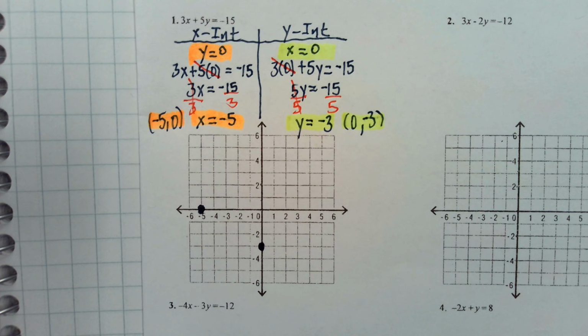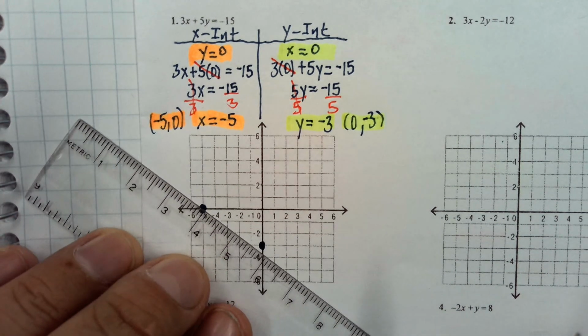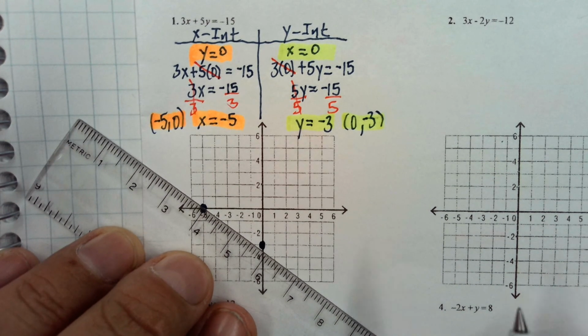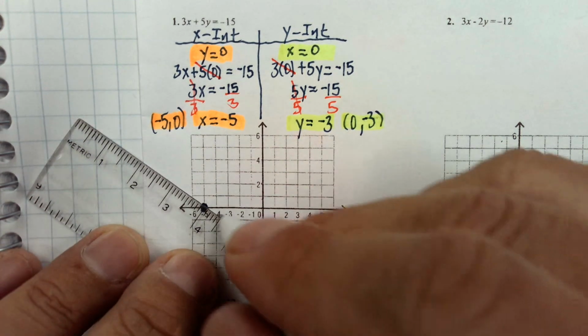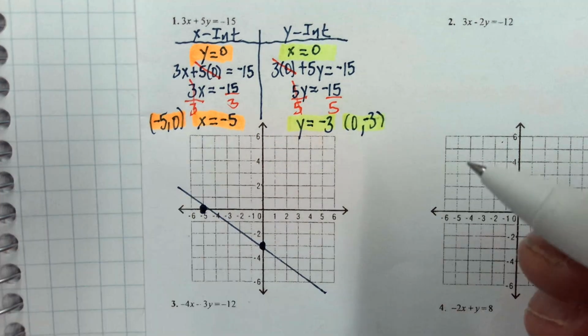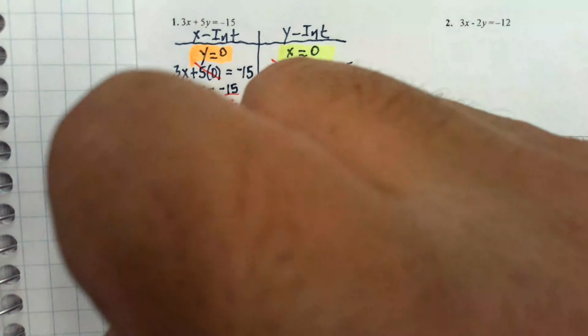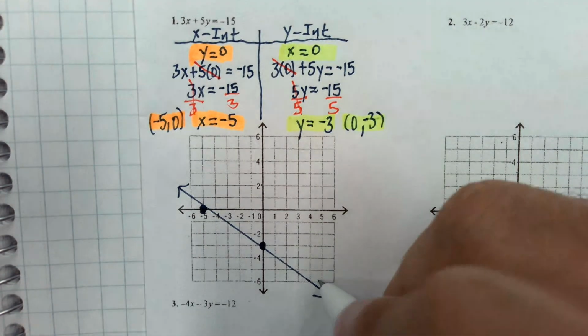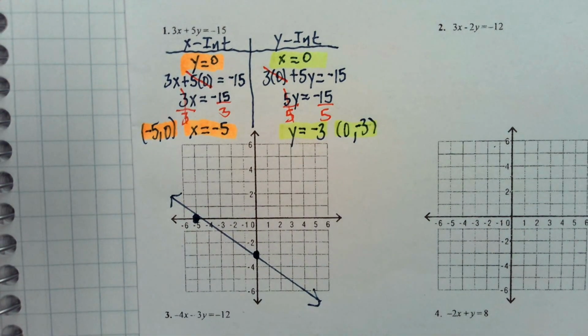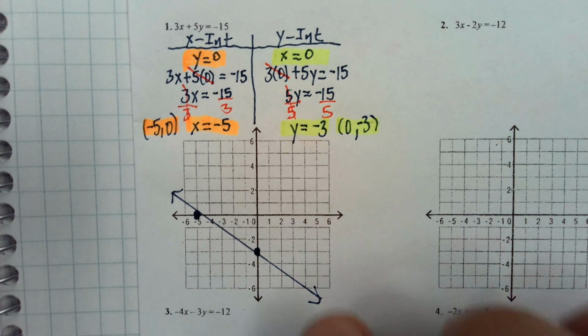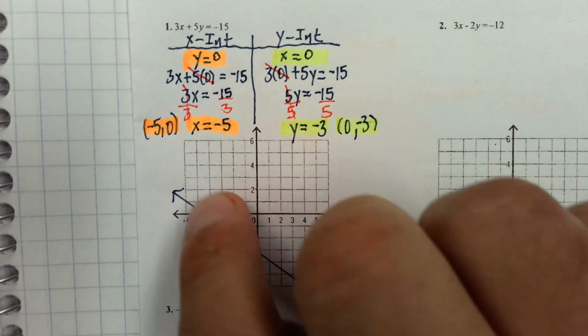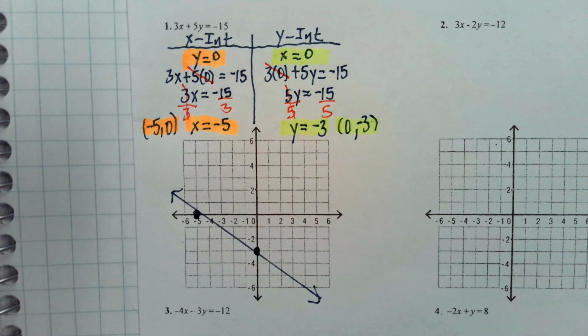It crosses in an infinite number of places, but those are 2 of them that are easy to find. So I'm going to graph it like that. So now any other point you can find that's along there would be a solution as well.